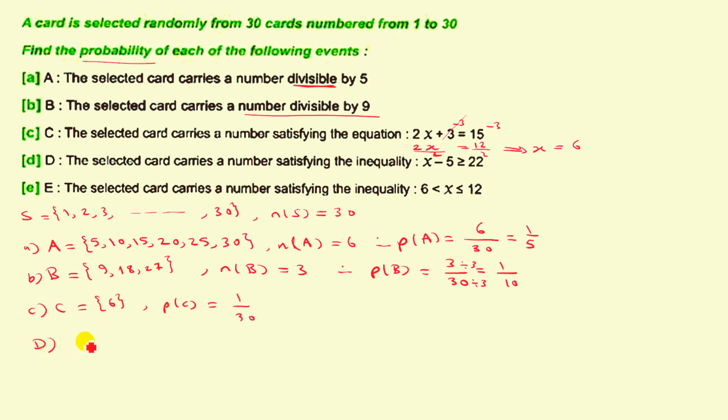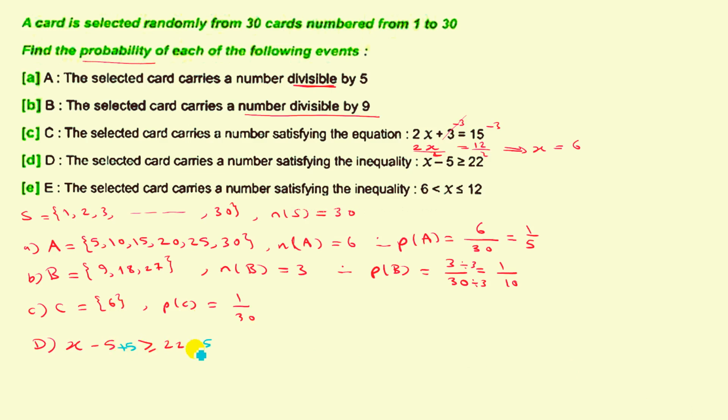Letter D. The selected card carries a number satisfying the inequality. Let's solve this inequality: x minus 5 is greater than or equal to 22. To get rid of negative 5, we add positive 5 to both sides.